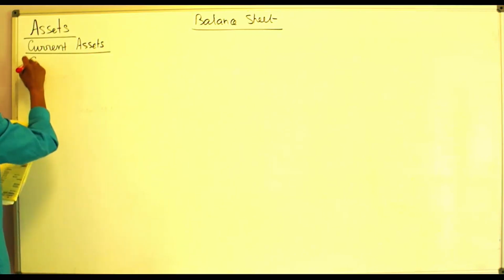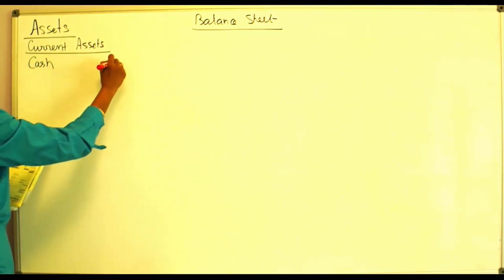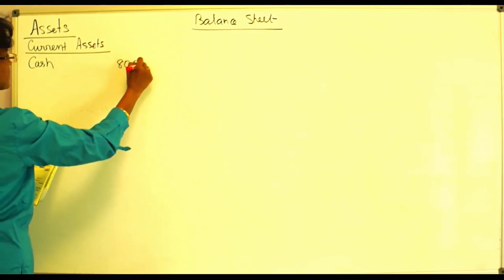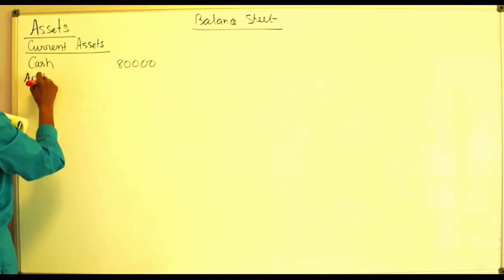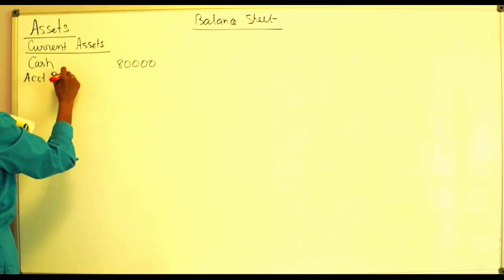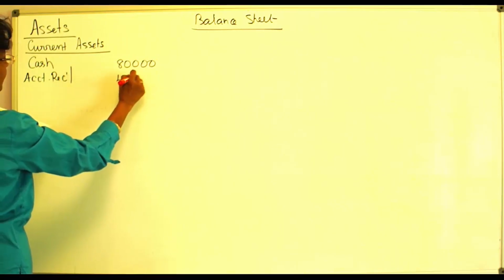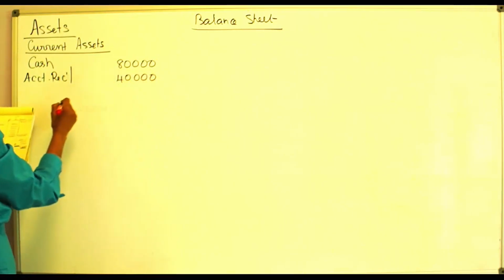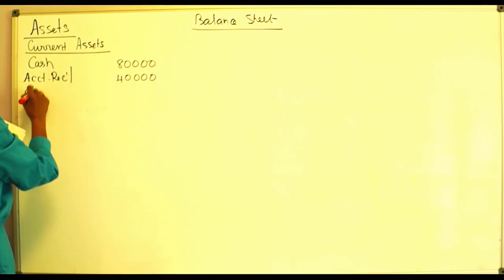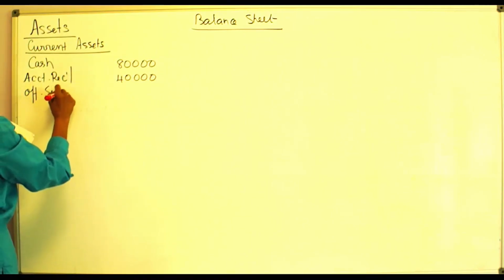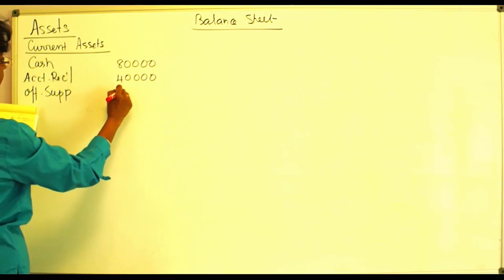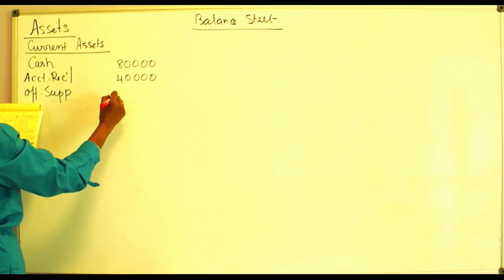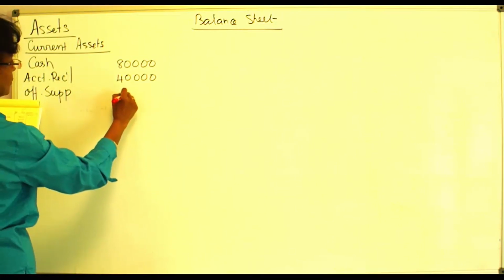So you have cash 80,000, accounts receivable 40,000, office supplies 5,000.